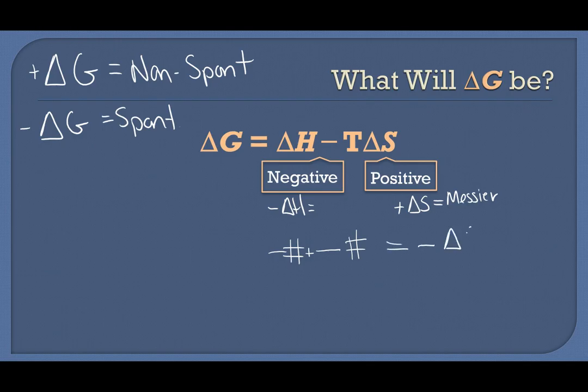Yeah, negative delta G. There is no way that you can add -1 plus -1 and it can be a positive. It's just never going to happen. So it doesn't matter what this value for T is, if it's a big value or if it's a little value, it will not affect the fact that this is always going to be a spontaneous reaction.